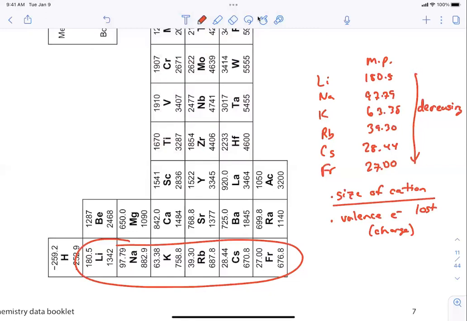So therefore, it's weaker attraction, which means a lower melting point. So you can see francium has the lowest melting point because it's the largest cation. And lithium has the highest melting point because it's the smallest cation. So its nucleus is closest to the delocalized electron, so it creates a stronger metallic bond.